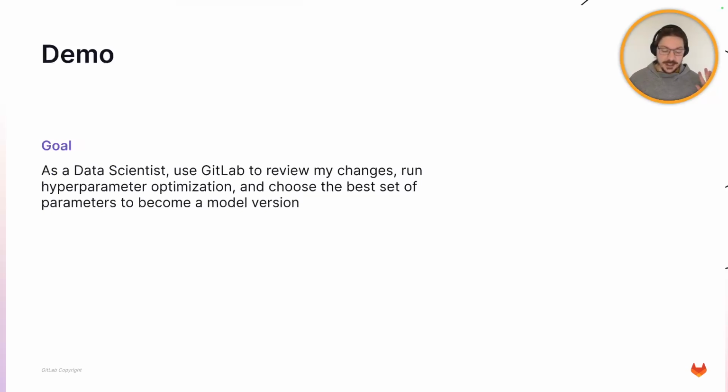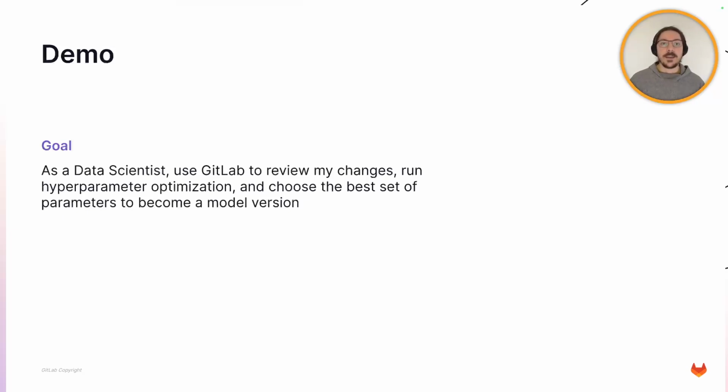So just to set up the scene of this demo, I am a data scientist and I just finished creating my model. I created a model in a Jupyter notebook and I want to package it and send it to a team that will put this into production. But I don't want to send the code itself, I want to send a package to them.